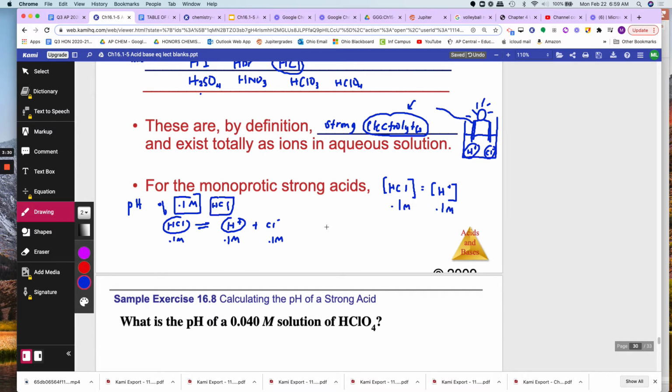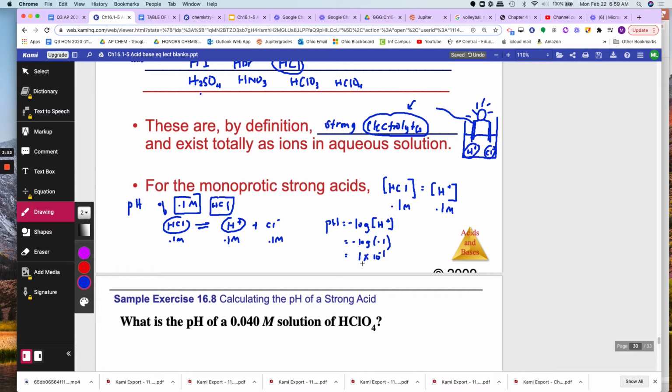The formula for the pH is equal to negative log of the concentration of H+. It'll be negative log of 0.1, and that would be 1 if you plug that in the calculator.